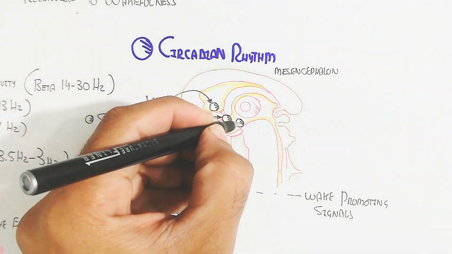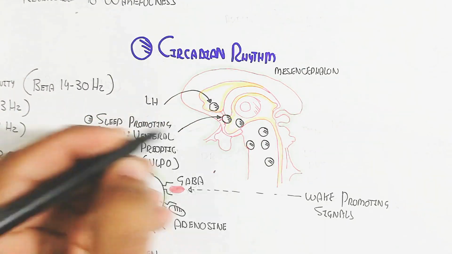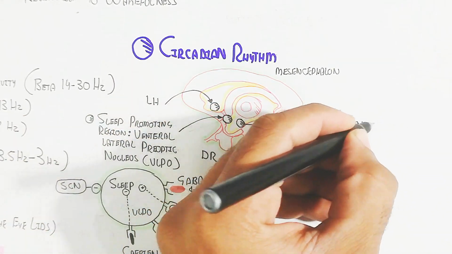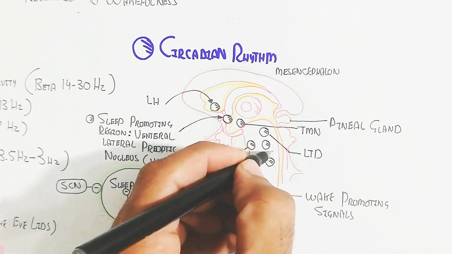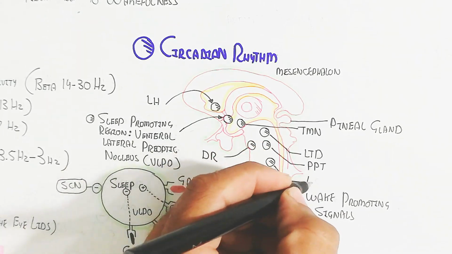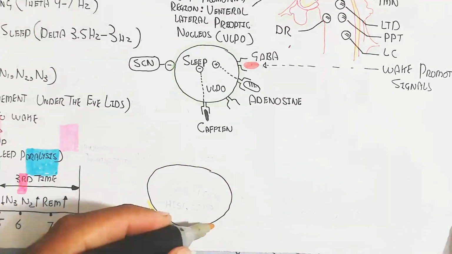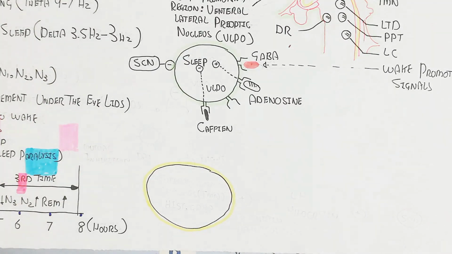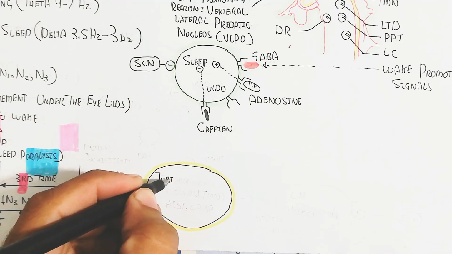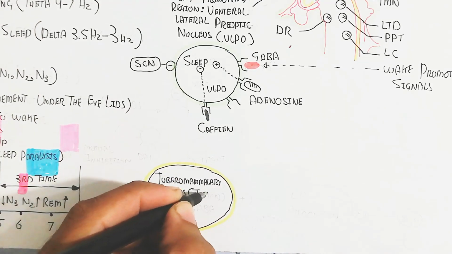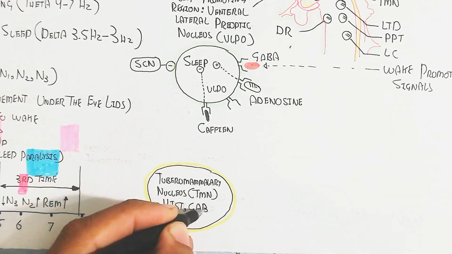The tuberomammillary nucleus, the TMN, is also involved. Let's begin to understand where the TMN is. The pineal gland is also involved. TMN, the tuberomammillary nucleus, and LDT, PPT, LC and DR. I am drawing the tuberomammillary nucleus, where histaminergic and GABAergic neurons are present.